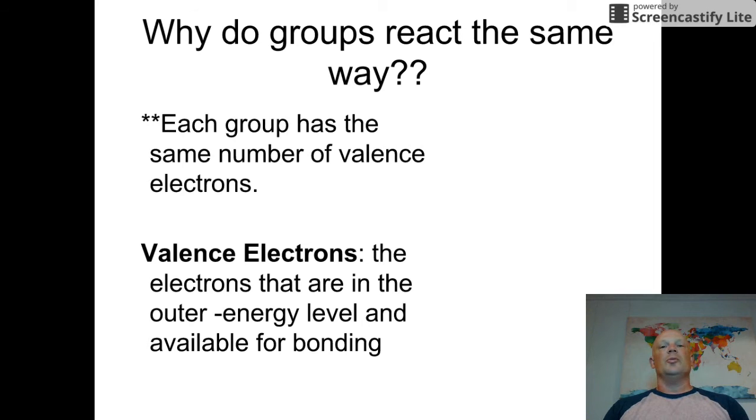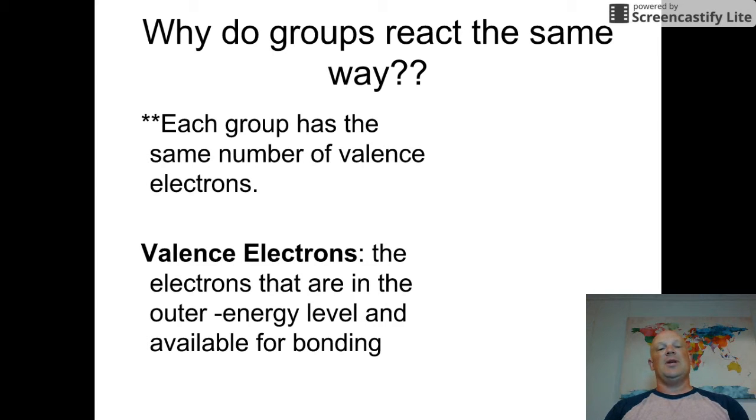So why do groups react the same way? As I said a minute ago, this is based on their electrons, specifically the valence electrons. Valence electrons are the electrons on the outer energy level and available for bonding. If you look at group 1, each one of those has 1 electron on its outer energy level.